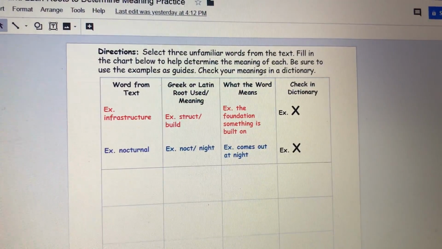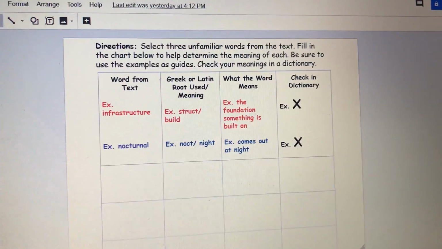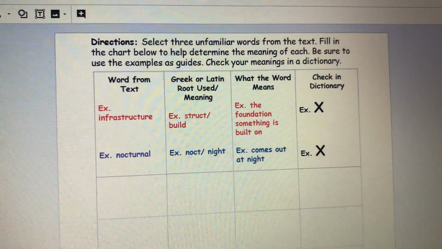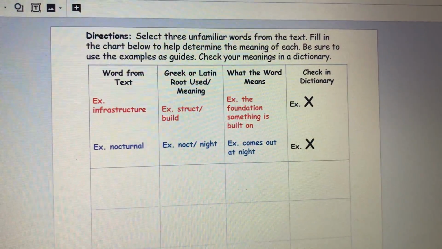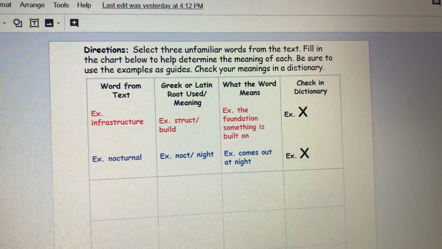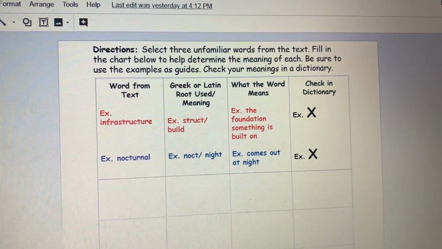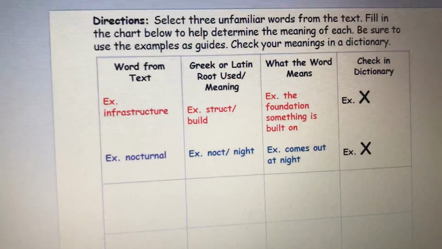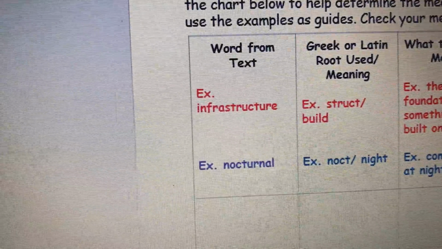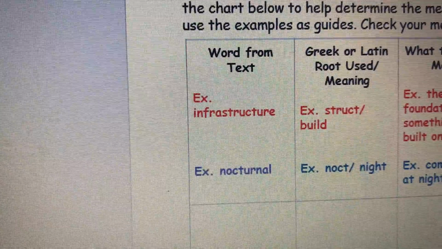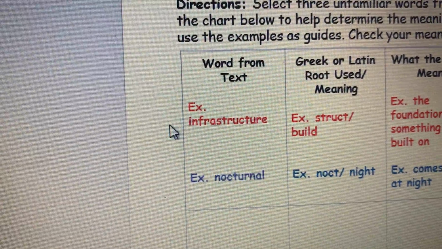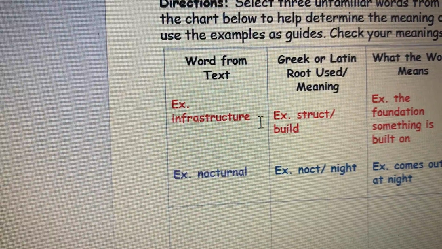While reading the passage, students should choose words from the text with which they are unfamiliar. For the first step of the activity, students will write down the unfamiliar word from the text.